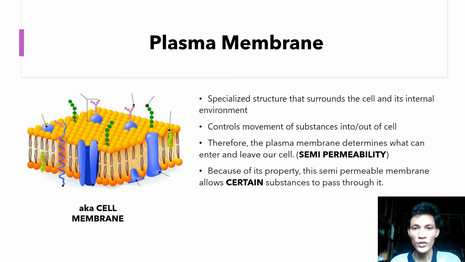A brief overview of the plasma membrane. The plasma membrane is a specialized structure that surrounds the cell and its internal environment. It also controls the movement of substances into or out of the cell. Therefore, the plasma membrane can protect the cell from the outside environment, and it can determine what can enter or leave the cell.